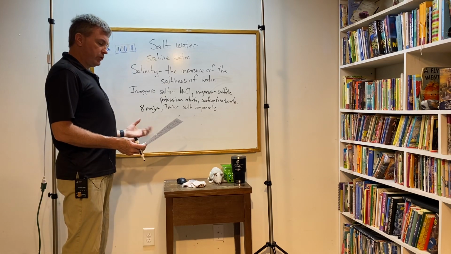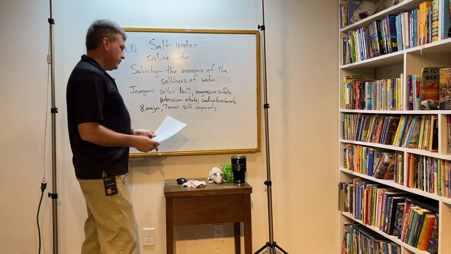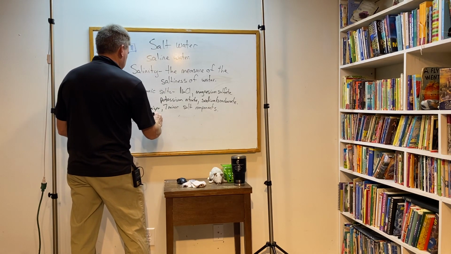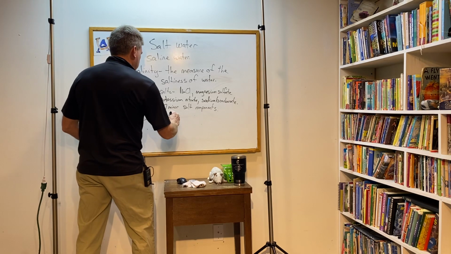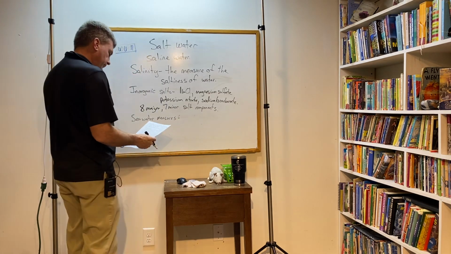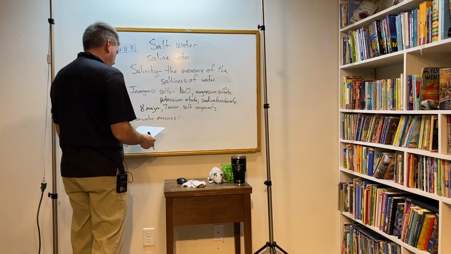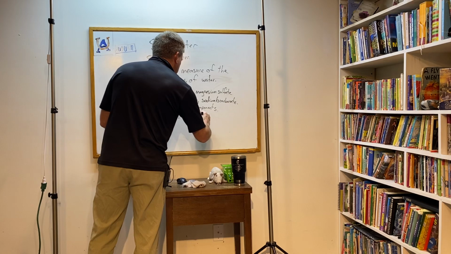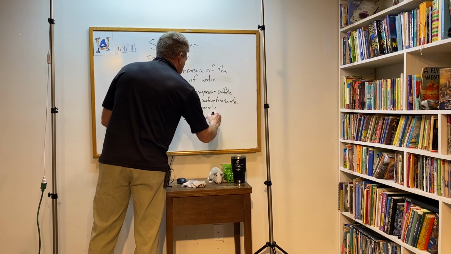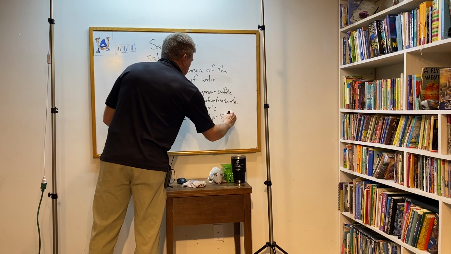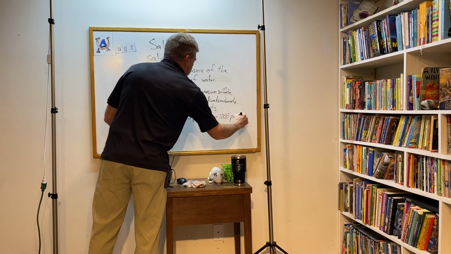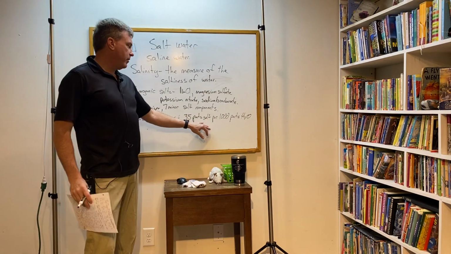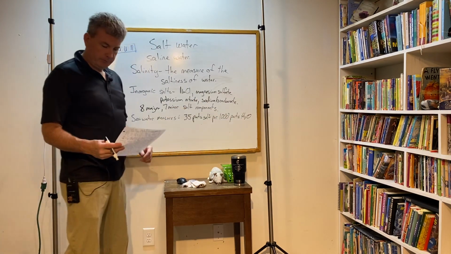So when we measure salinity, typically seawater measures about 35 parts of salt per 1,000 parts of water.